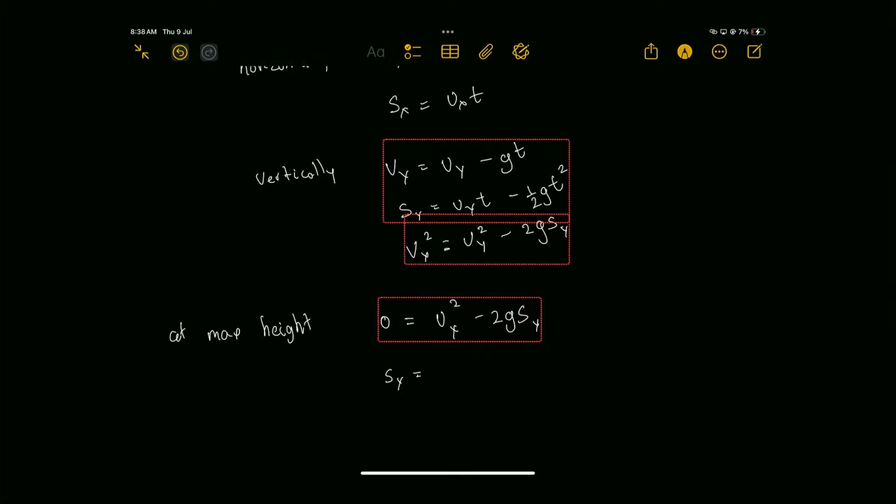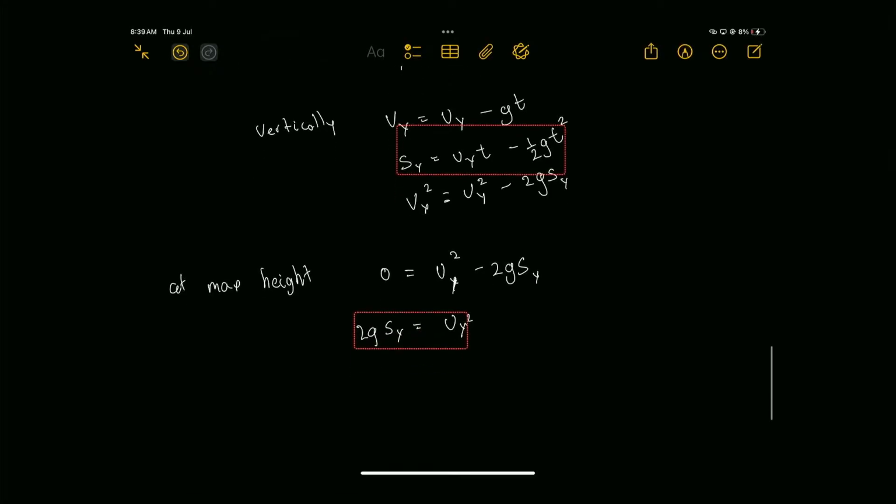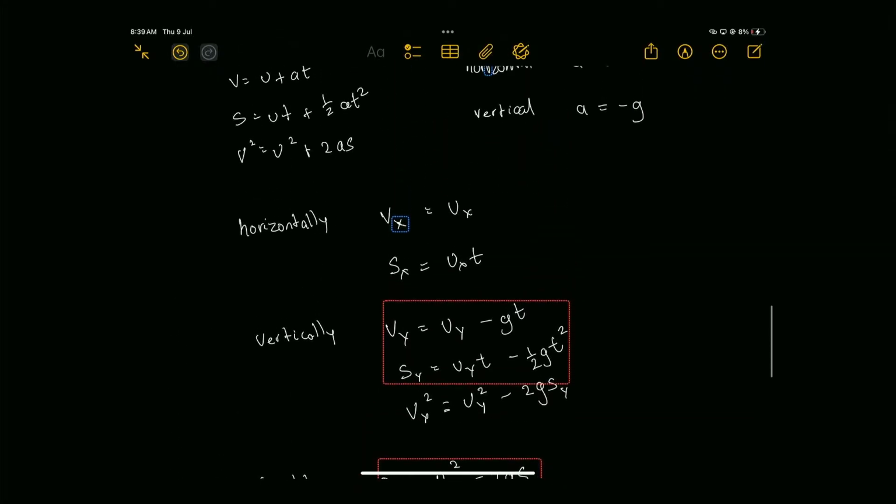We can write this as 2g Sy is equal to Uy squared. So Sy is equal to Uy squared over 2g. Right? And we can just substitute our values from above here.